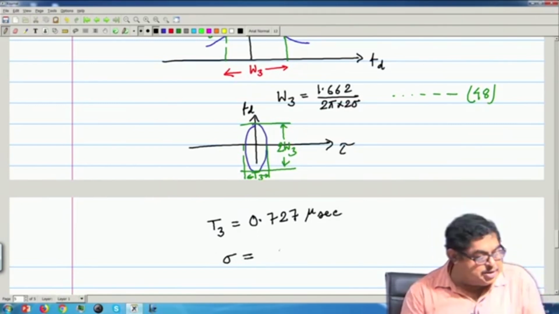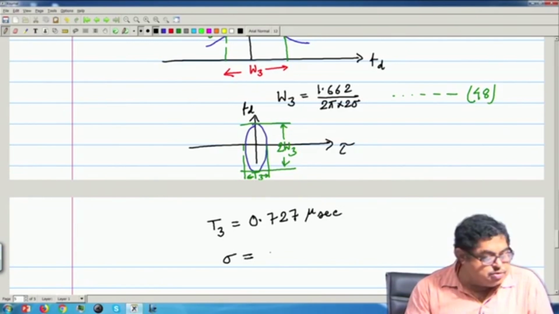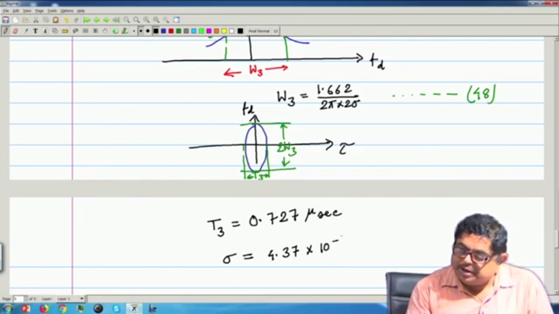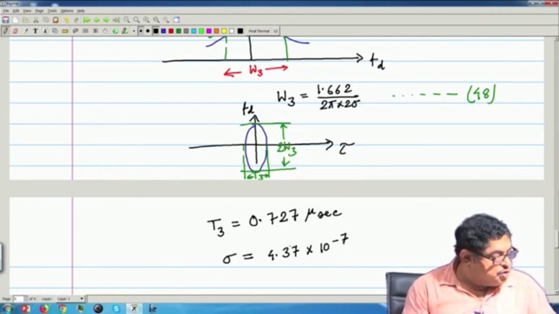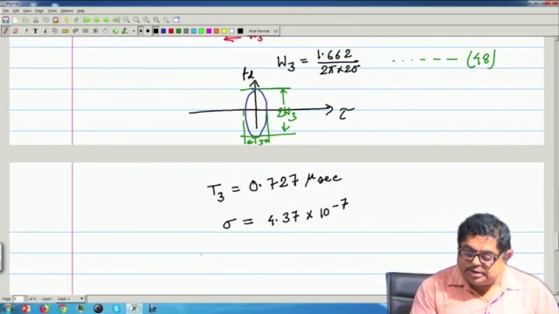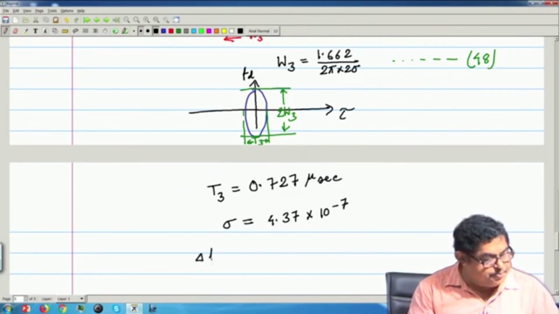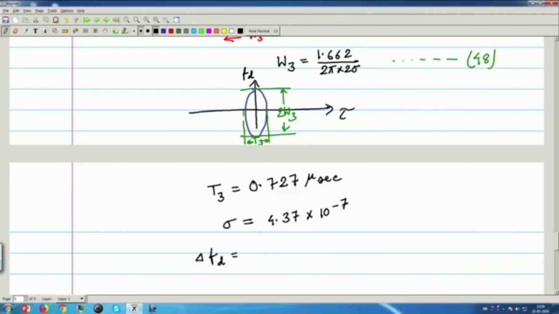Sigma is the parameter of this pulse, and that turns out to be 4.37 into 10 to the power minus 7. So, if you now do the calculations, that delta F D is nothing but your W3, and that expression we have given.